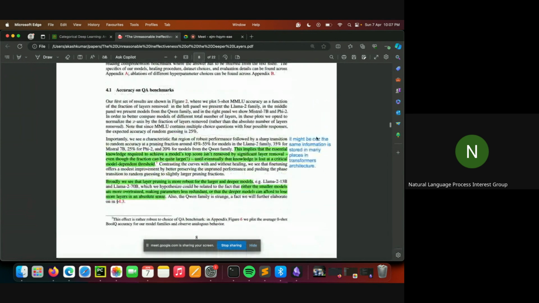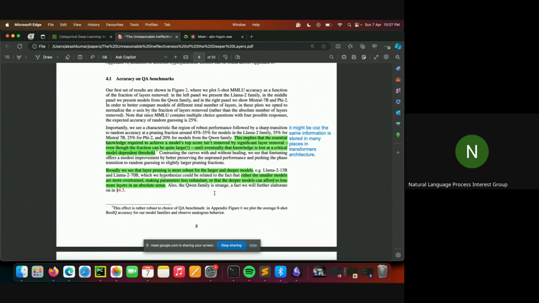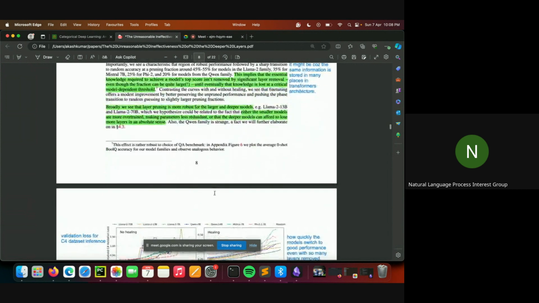If this is true, it shows the amount of overtraining that might be happening in these bigger models, because we are able to remove so many layers. That just shows that these models might be getting overtrained, and the efficiency of each parameter in the model is not that high.